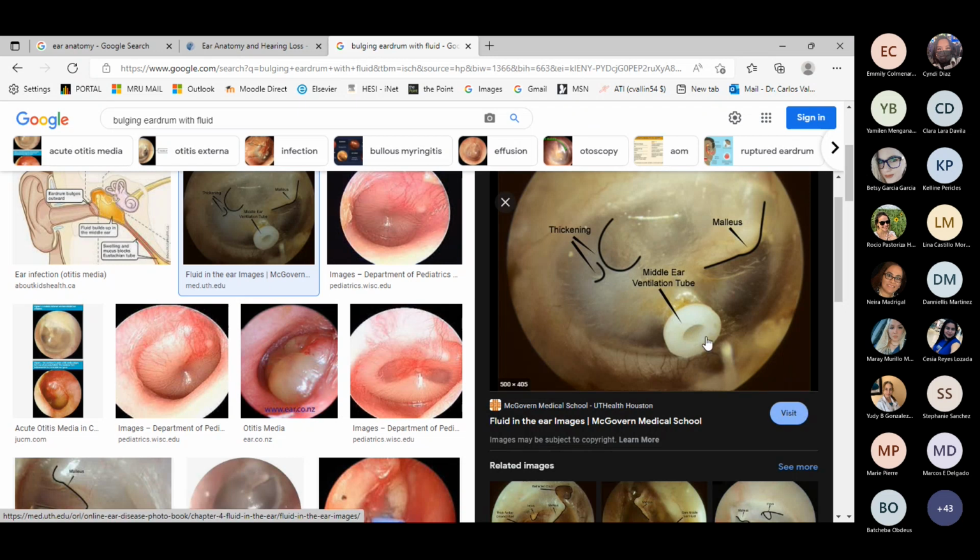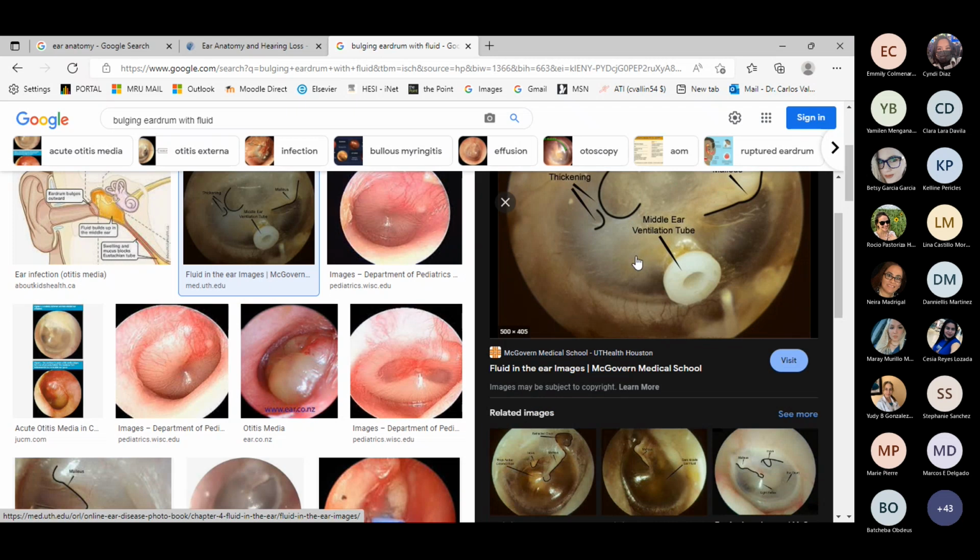The only precaution is to prevent the child from diving or sinking the head under the water, and preferably to use ear plugs when enjoying the swimming pool. That's it.